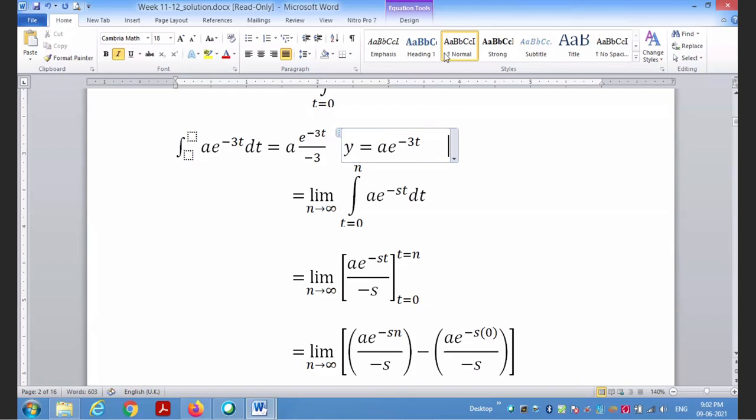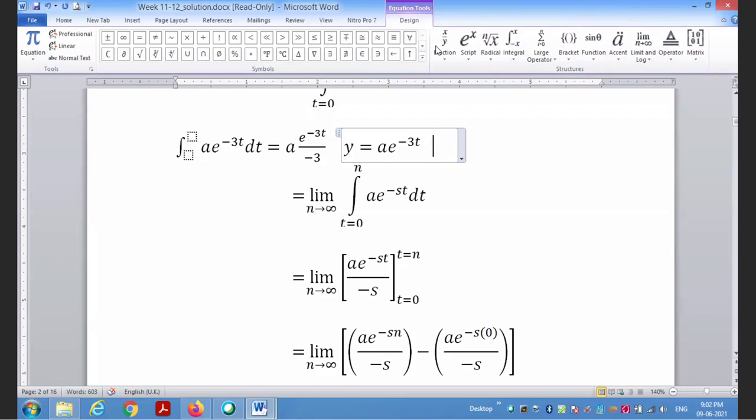Differentiate dapat negative 3a e power of negative 3t. Okay, you nak cari y prime, dy dx.